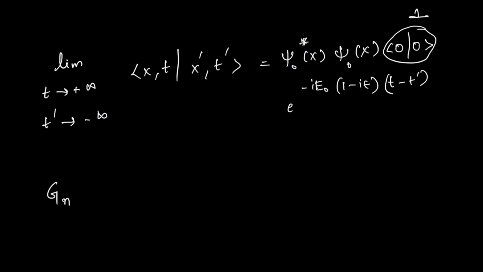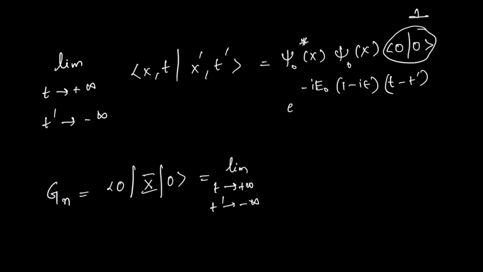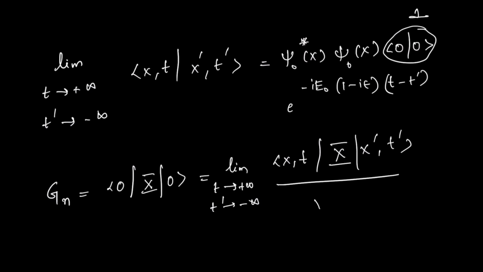Therefore, I can define G_n. Okay, what was G_n? G_n was the vacuum expectation value, right? So in any other state I can define it as limit t tends to plus infinity, t prime tending to minus infinity, of the path integral with insertions divided by the path integral without.